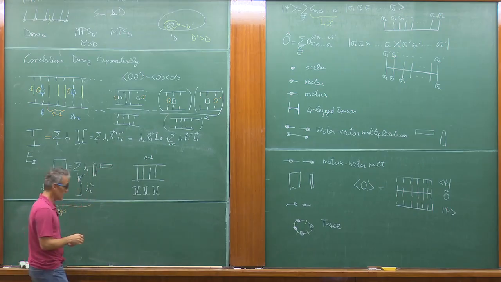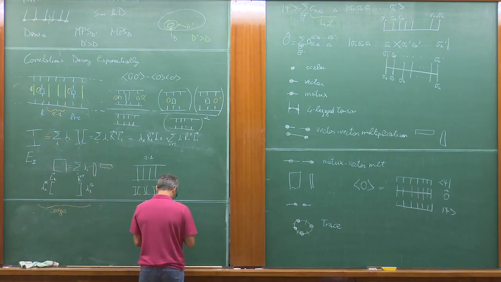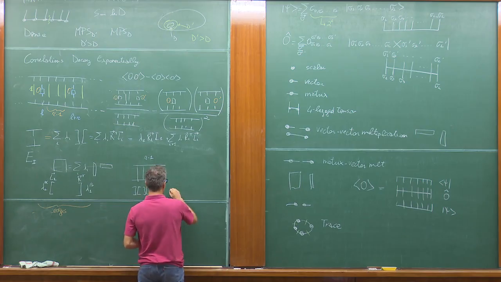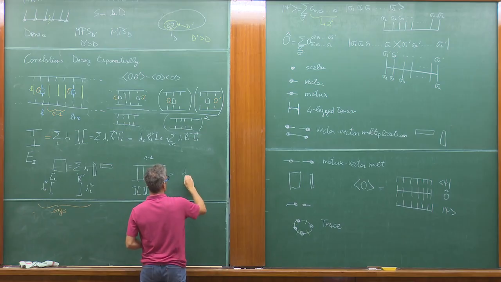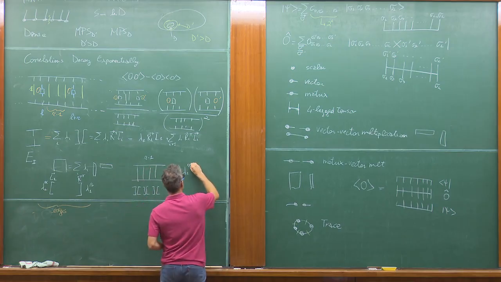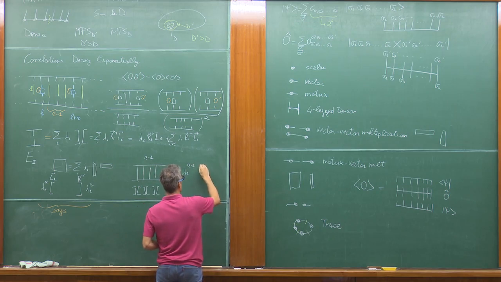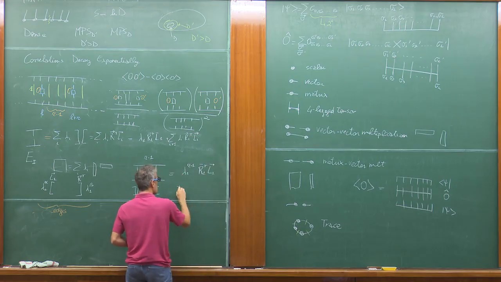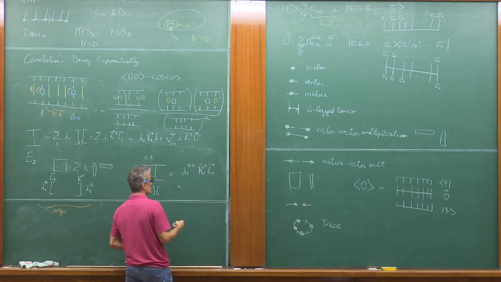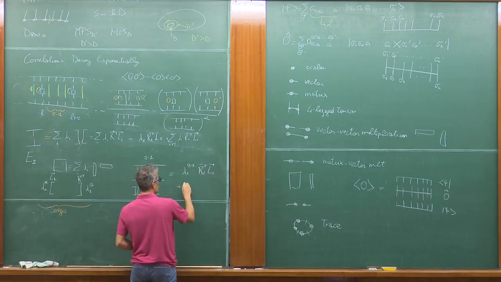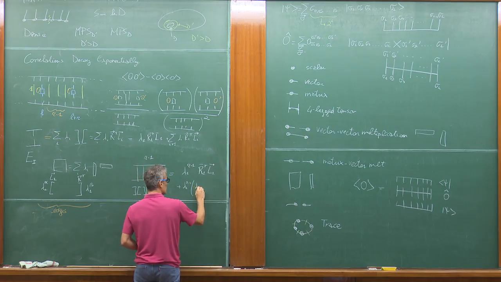And since they're orthogonal, you can write this as lambda 1 to the r minus 1 times R1 transpose L1, and then you have all of the others. So we can group lambda 1 to the r minus 1 outside, then have lambda j.